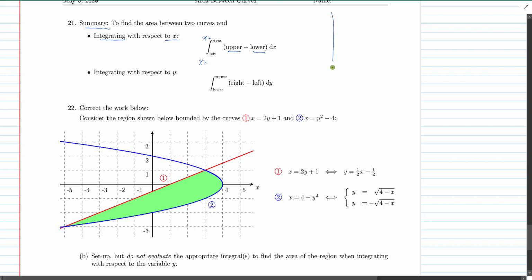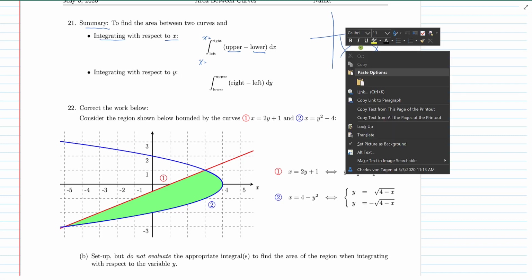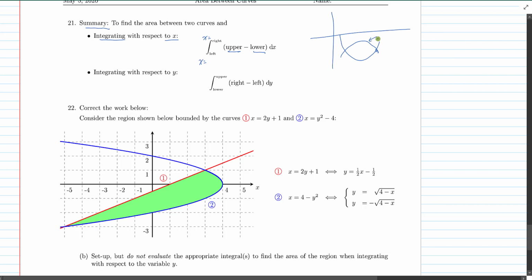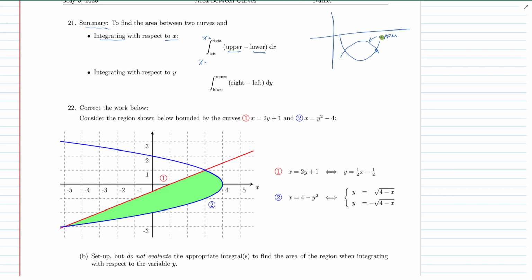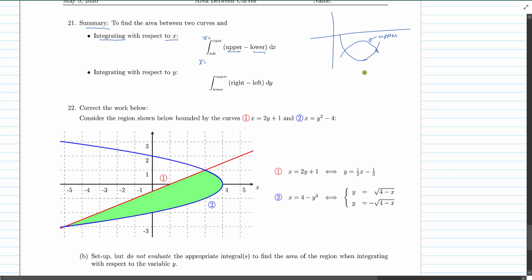So even if I was dealing with two curves down here in this region below the x-axis, I would still go ahead and say that on this interval, this is the upper curve, because its y values are more positive, or closer on the number line. They are to the right of these y values down here, and we would call this the lower curve. So it's always the upper curve minus the lower curve if we're integrating with respect to x.